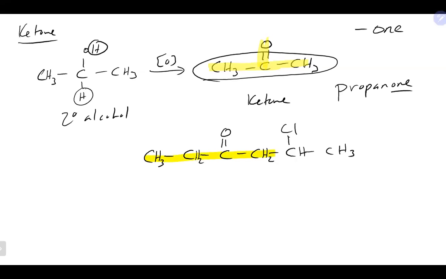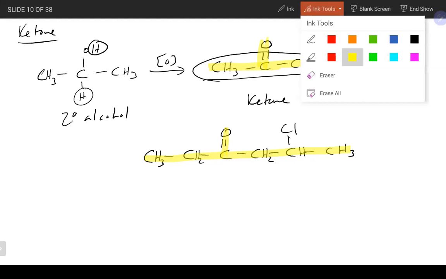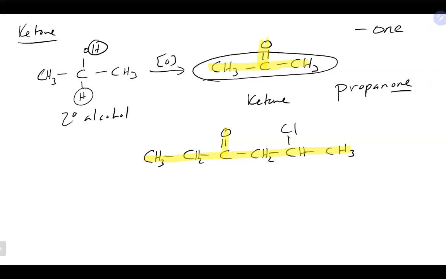So that's the double bonded oxygen, which is here. So that is 1, 2, 3, 4, 5, 6 carbons. 6 carbons is based off of hexane. So this would be known as hexanone.